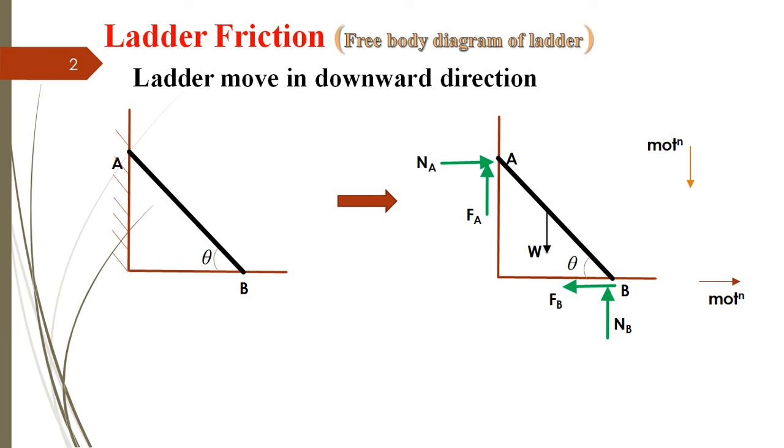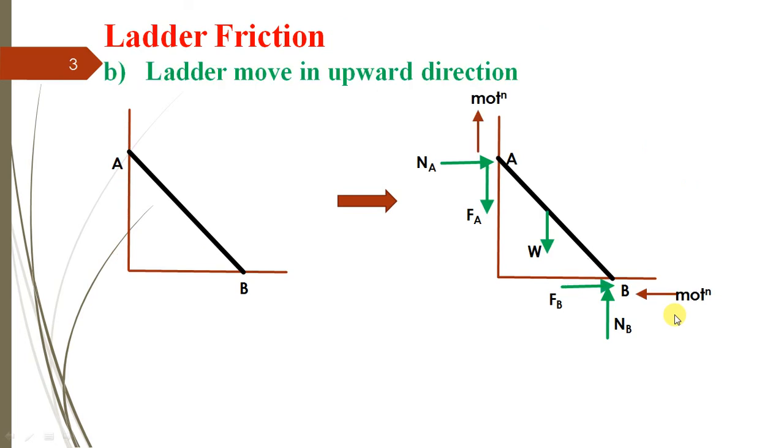So while solving the problem of a ladder, if you are able to draw the correct free body diagram, then you just have to apply the equations of equilibrium and solve all three equations, and you will get your desired result. So don't get confused. Now come towards the free body diagram again.